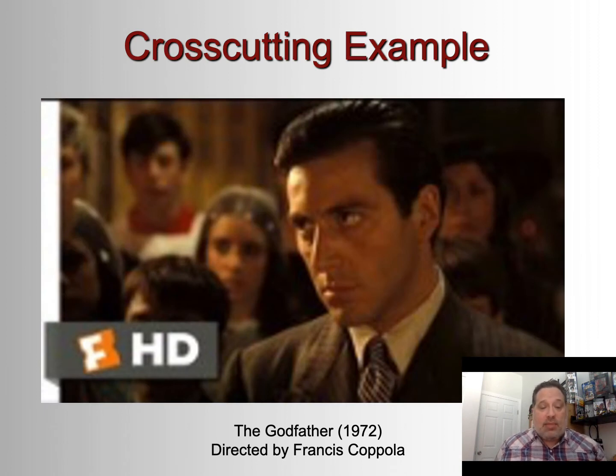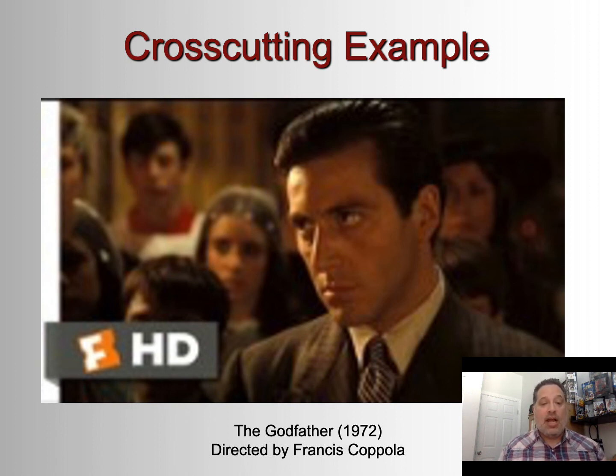And a very famous example of cross-cutting is in The Godfather. In the climax of The Godfather, there is a baptism for Michael Corleone's son, Michael Corleone being the character here. He's the godfather of the family. He's taking over the family from his father, who has recently died. And so we have the peace and the serenity of the church and the innocence of the newborn child as he's baptized, and all of the family element.